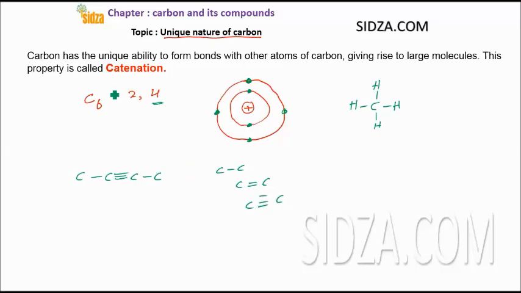This unique ability of carbon atoms to link together and form large molecules is called catenation, right? The unique property of carbon atoms to get linked together and form long chain stable molecules, that's called catenation.